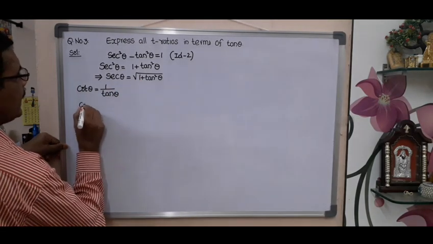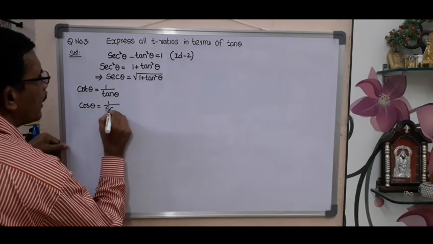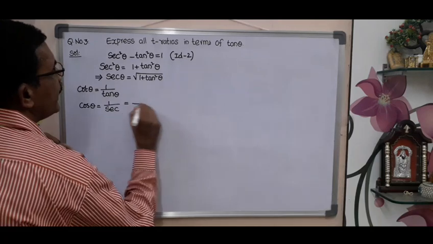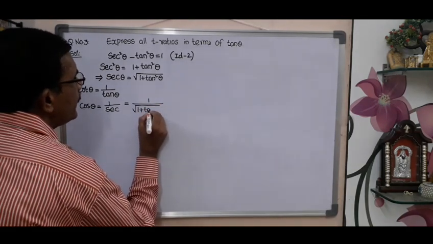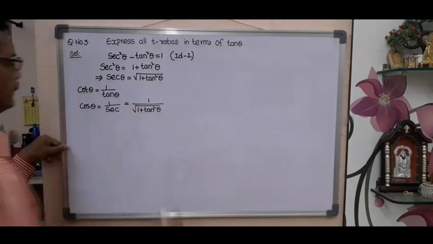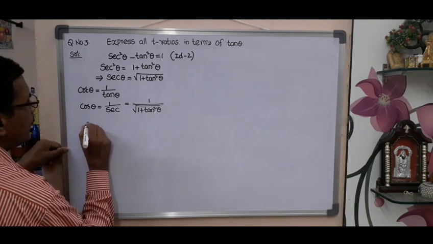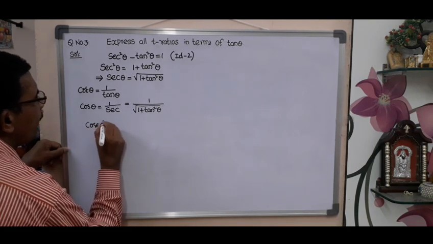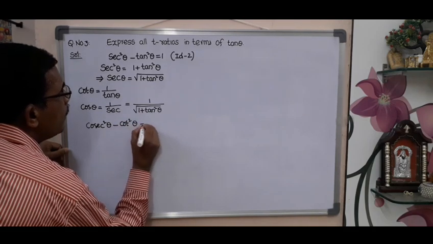Secant theta is under root 1 plus tan square theta. So secant reciprocal is cos theta, and cos reciprocal is secant theta. So this can be written as 1 by under root 1 plus tan square theta. Now, let us find cosec theta. We know this identity: cosec square theta minus cot square theta is equal to 1.